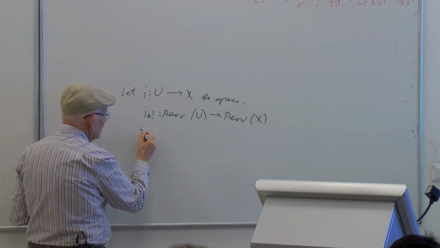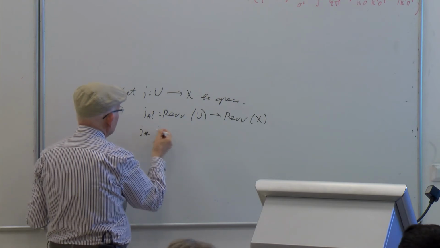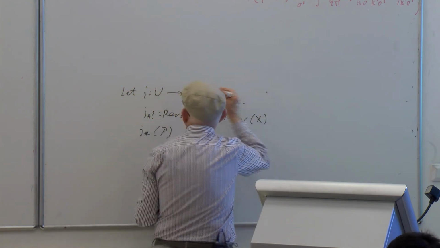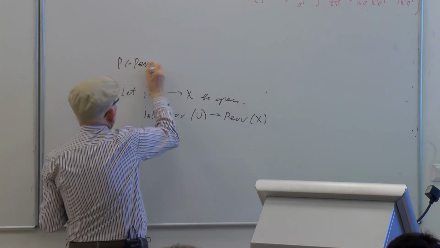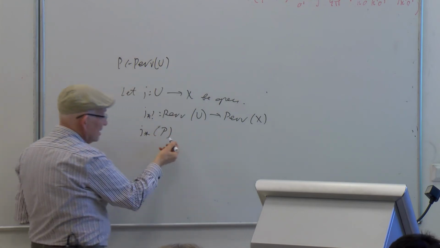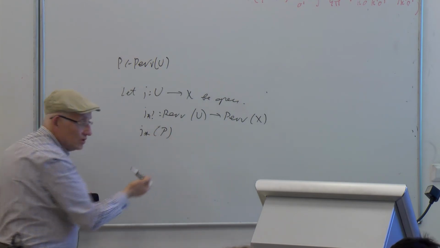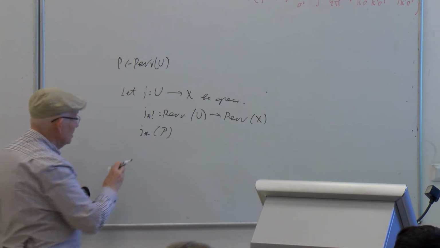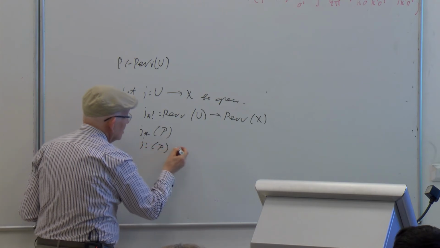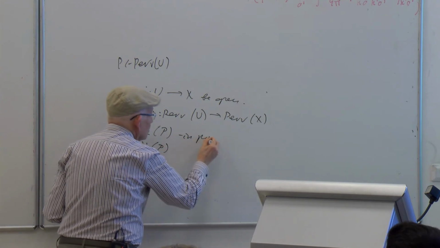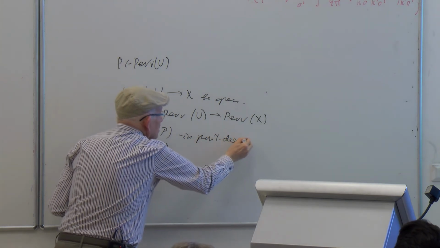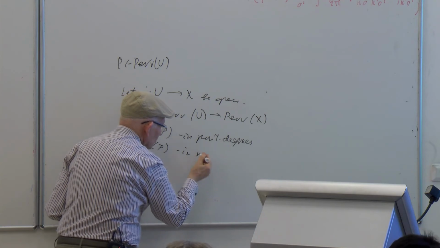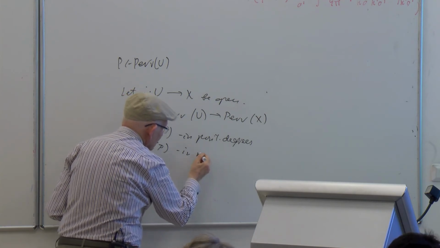Namely, if you consider J star of P, you start with some P, perverse on U. Then J star of P will not be perverse, but all its cohomologies will be in positive degrees, and J shriek of P will be in degrees less or equal to 0.